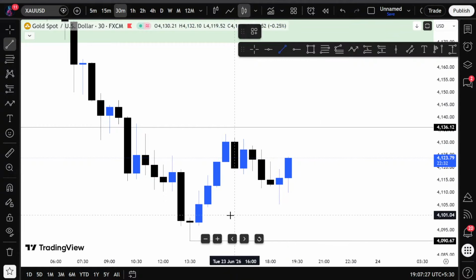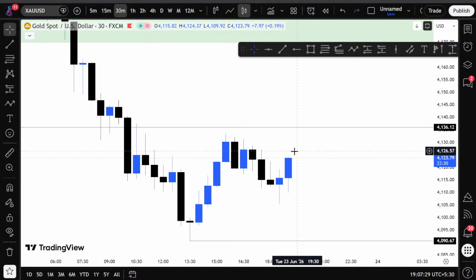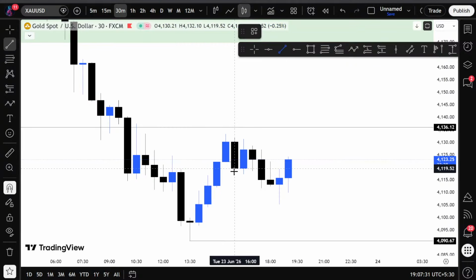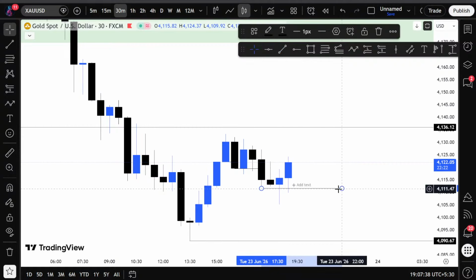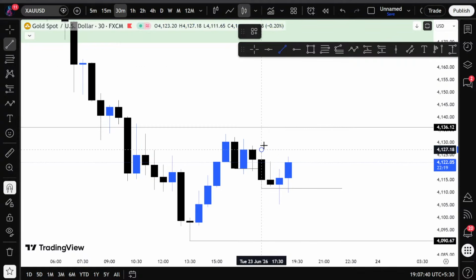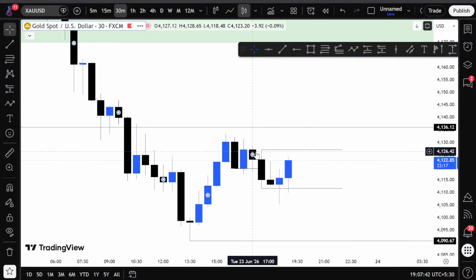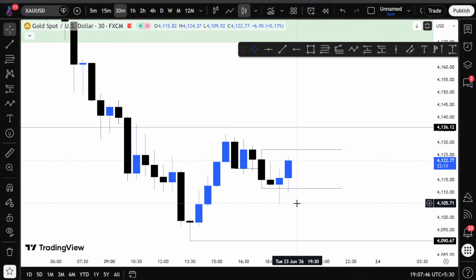Here, we have a candle low break and close below. Then we have a new candle low break and close below. So this low is getting swept and now this high needs to get swept. Momentum is still bearish.